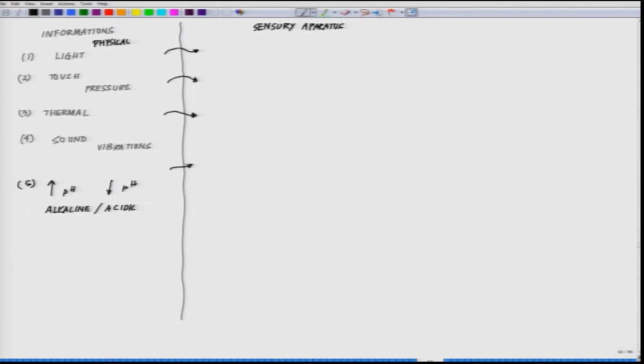All this information has to be translated into electrical impulse. In the form of signal transduction or signal processing, this is what we call signal transformation, level 1 of transformation, first level of transformation.